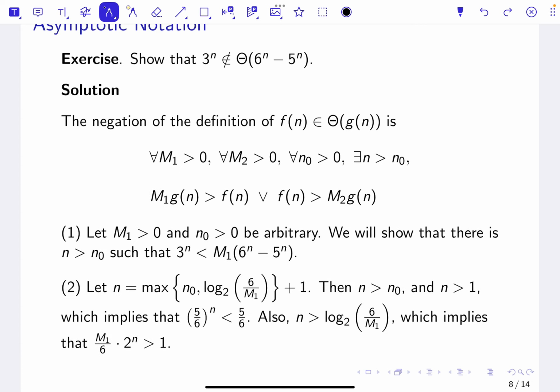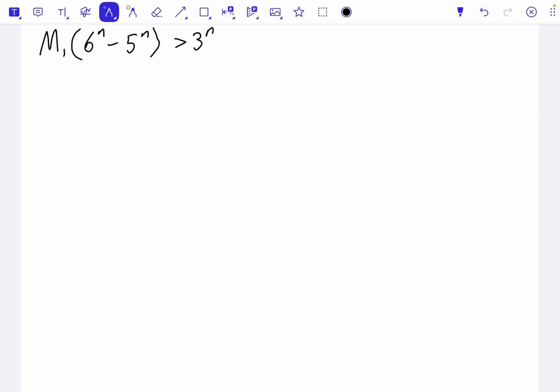So we're going to try to prove this inequality true. And like always, we have a complicated side that we want to simplify.